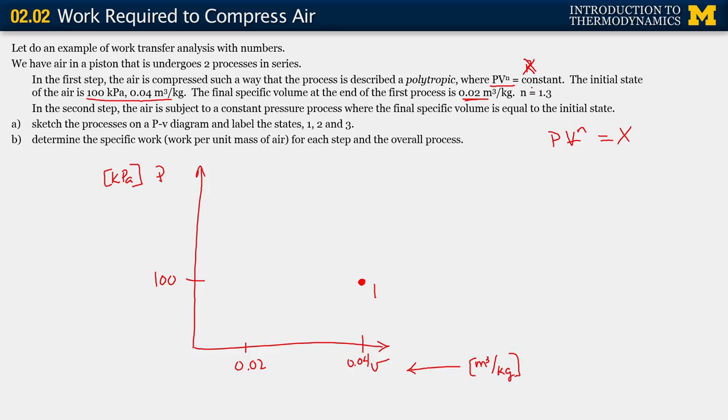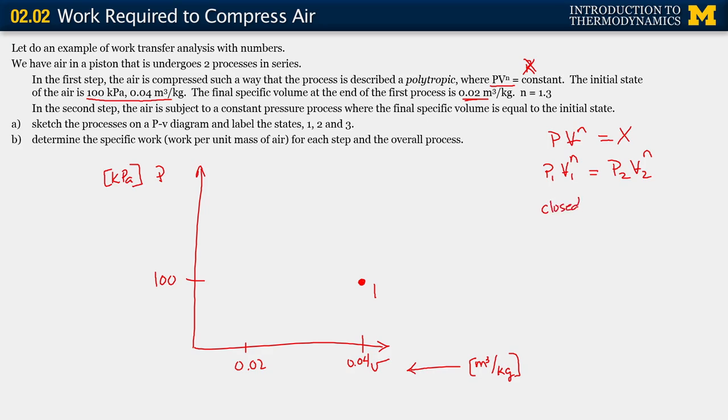What this statement tells us is that the pressure at state 1 times the volume at state 1 raised to 1.3 power is identically equal to the pressure at state 2, the volume at state 2, raised to the n power. We are going to assume this is a closed system.